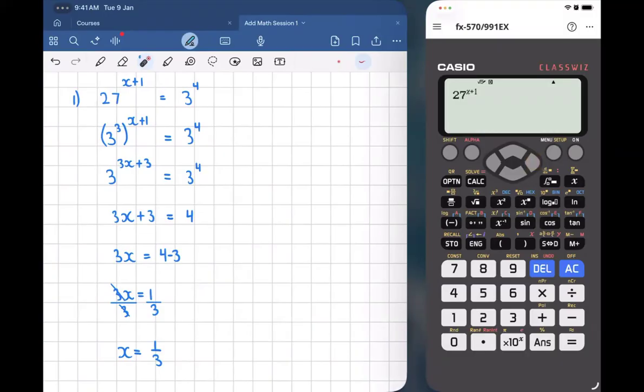Then we're going to press the right arrow. To get the equal sign, you're going to press alpha calc. Right? Then you're going to press 3 to the power 4. If you don't have this, let me know now.